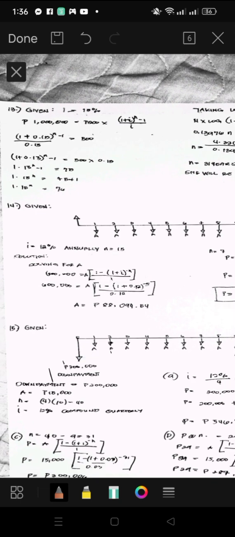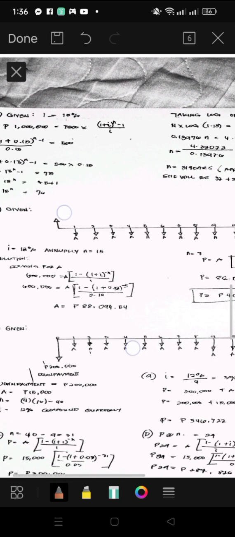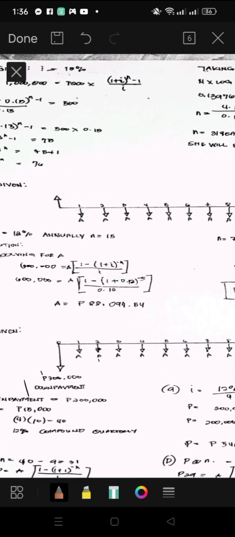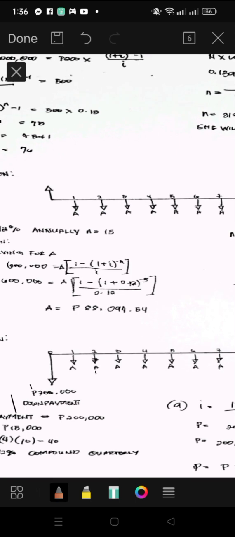So let's proceed to our formula. 600,000 equals A, annuity, times the quantity of 1 minus 1 plus 0.12 raised to the power of negative 15, over 0.12.